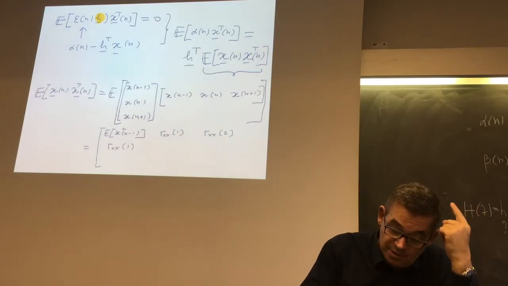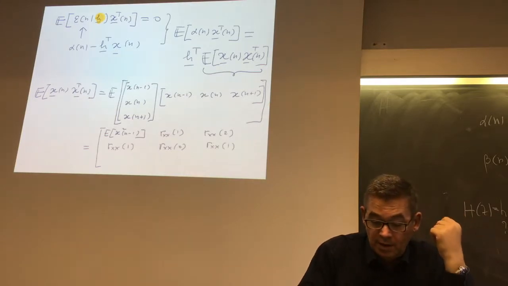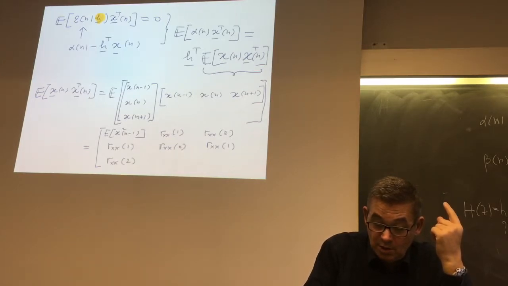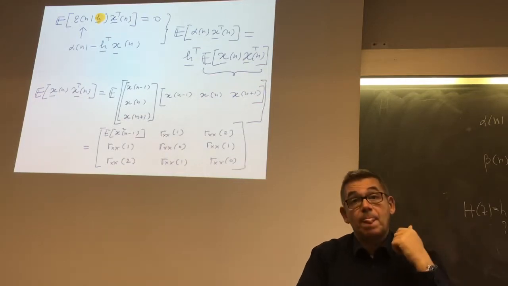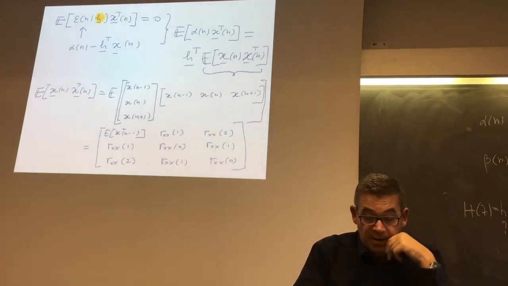That's right. rxx 0, rxx 1. Then the last line is rxx calculated in 2, rxx calculated in 1, rxx calculated in 0. Okay.